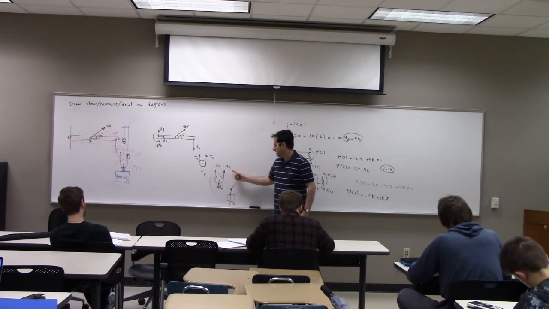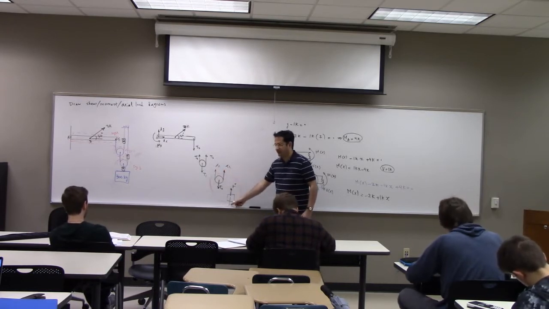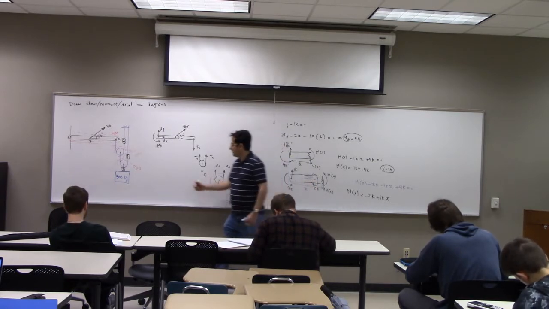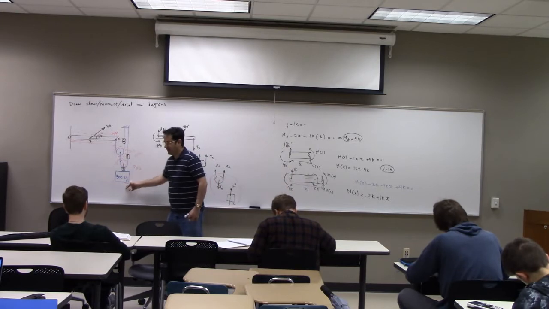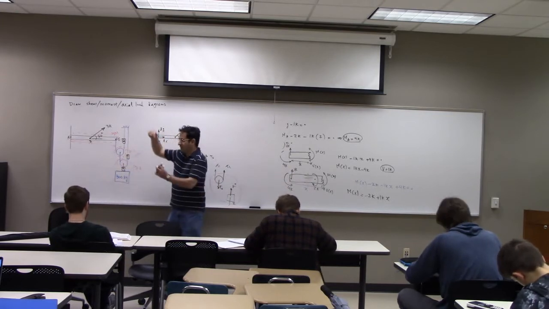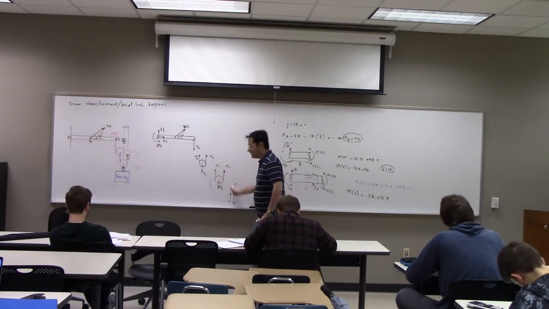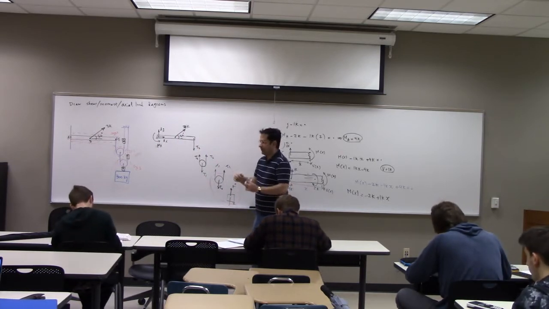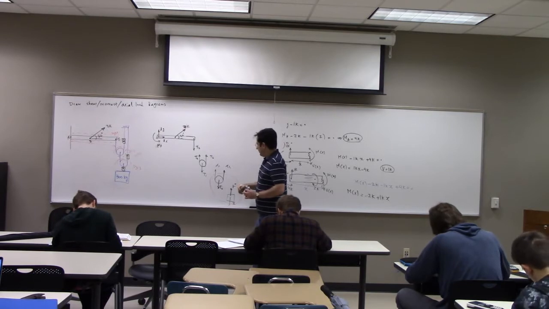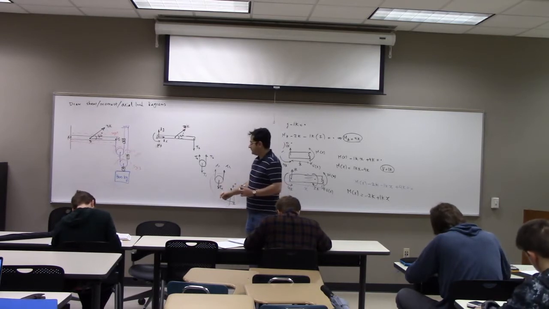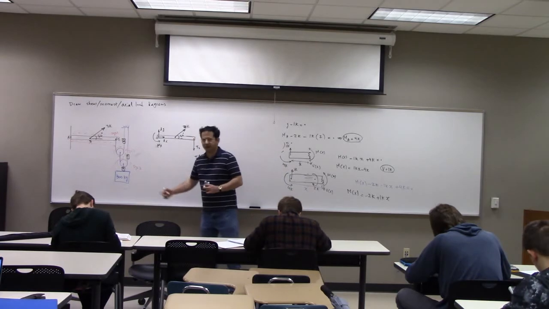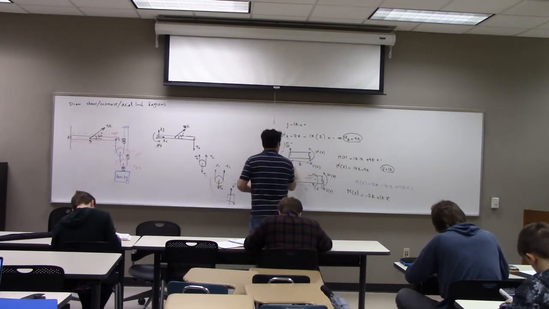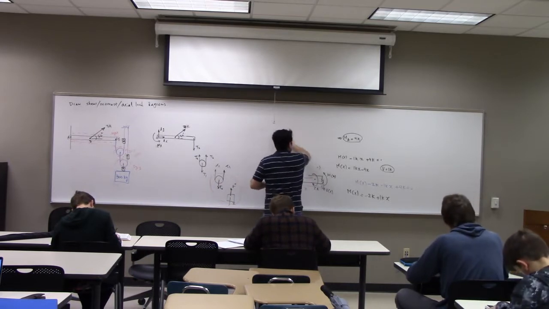T1 and weight, right? This becomes completely internal, so you can just ignore it. That's the reason I took the entire thing as a system, because that T0, you have one here up, one here down, they will cancel out. When you write the summation of forces, it becomes internal forces. So you can simply do it either way. It doesn't really matter. So let's go ahead and solve. When you do FBDs, the next step is the equations and solve.